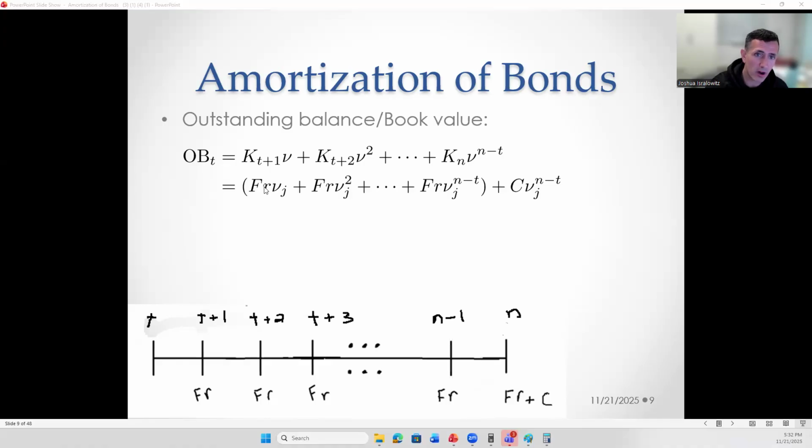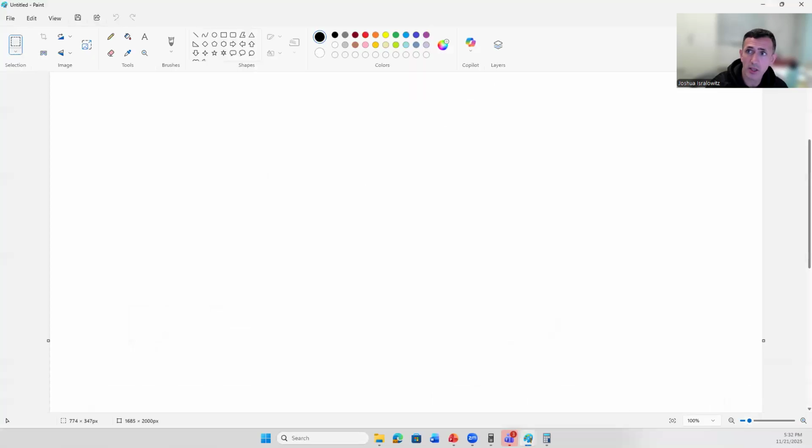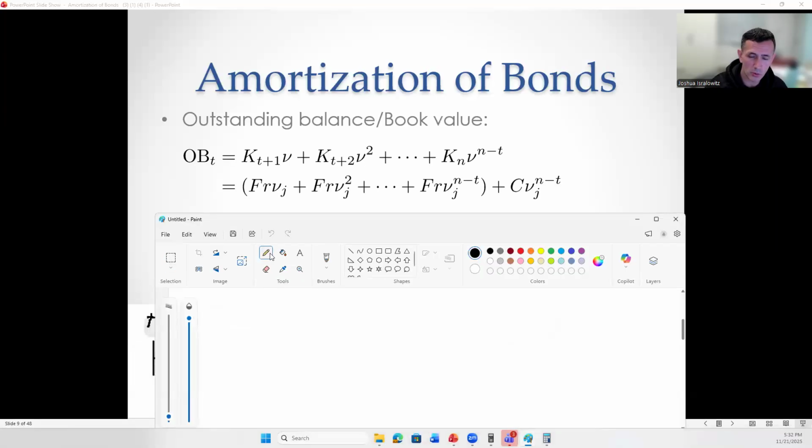So we discount FR once, and remember what v^j is. It's just the present value factor with respect to j, because we have two rates, coupon and yield rate. So it's just 1/(1+j).